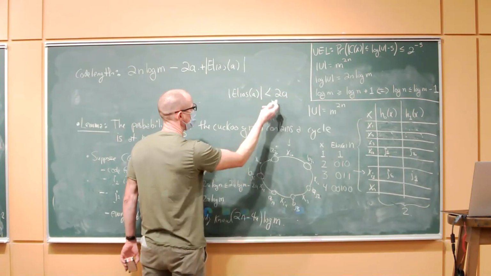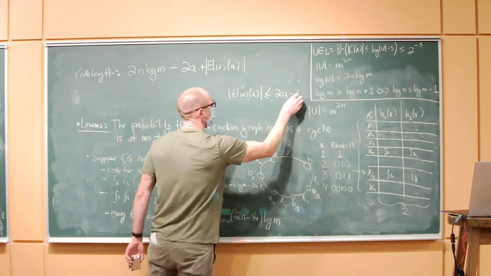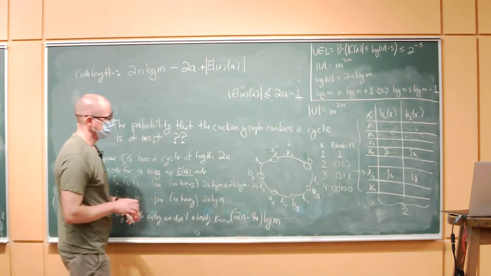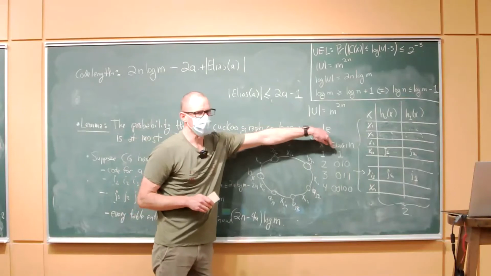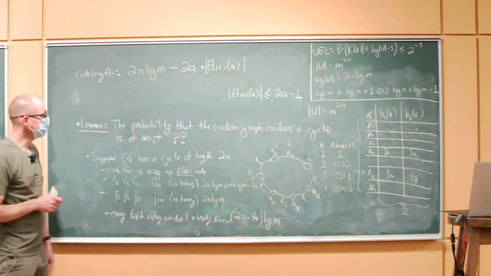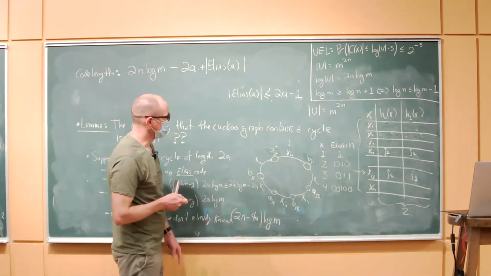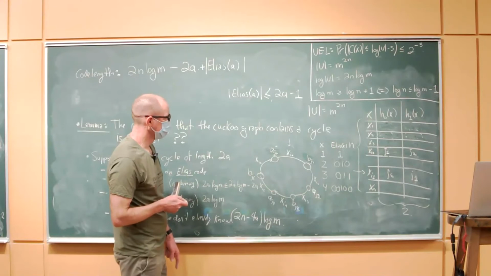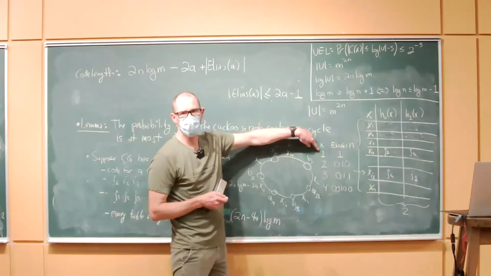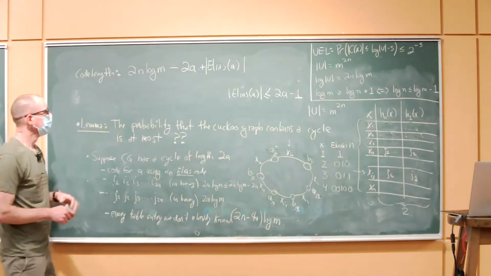And since it's an integer, that means it's less than or equal to 2a minus 1. In fact, this is where that's tight. The length of the Elias code for 1 is 1, which is less than 2 times 1. Everywhere else just gets better than that.